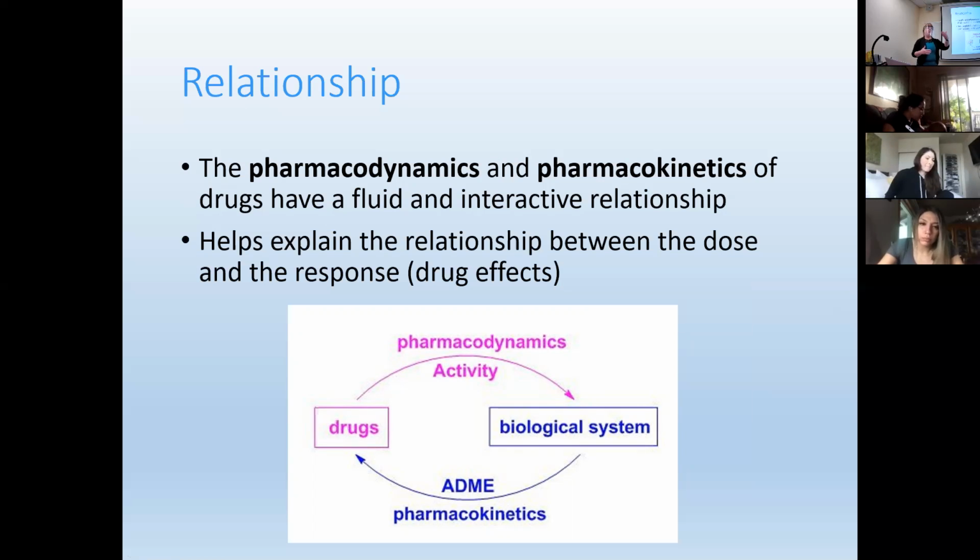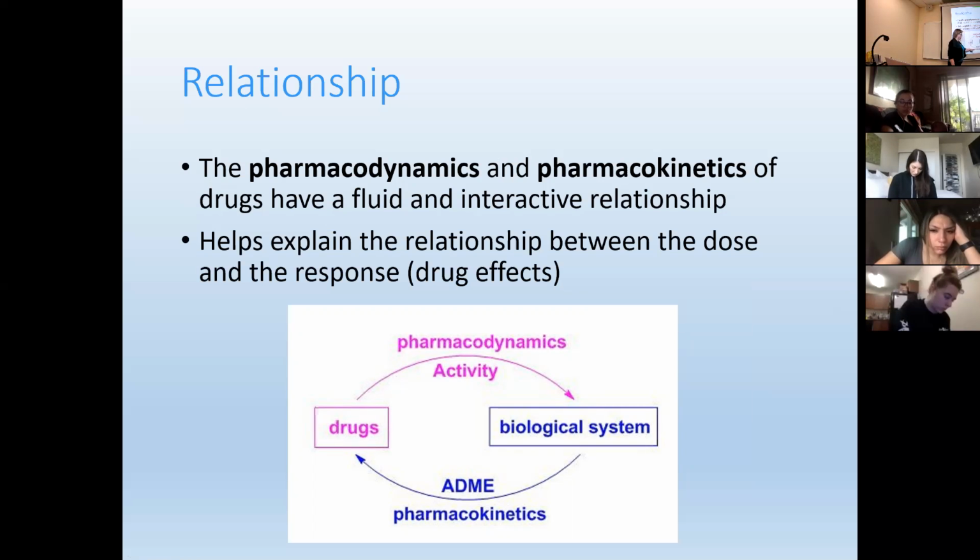So we want to know if anybody in their family, particularly their immediate family, has done well or done poorly on certain kinds of drugs. So we will talk about both of these. These are the four methods of process for pharmacokinetics, and so we'll look at those later.